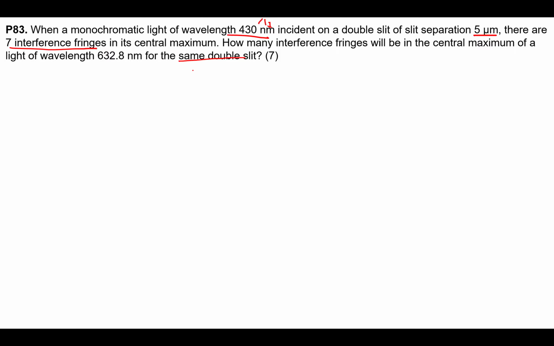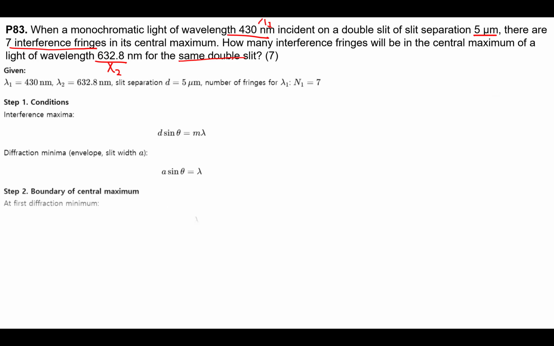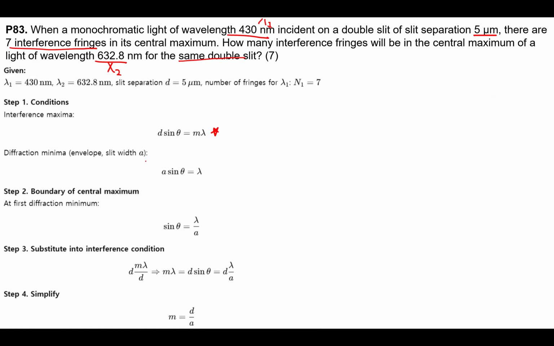And then the question is, how many fringes for lambda 2 for the same double slit? That means the separation of the slits is the same, and the slit width is also the same. So the interference maximum is given by this one, and the diffraction minima is given by this one.